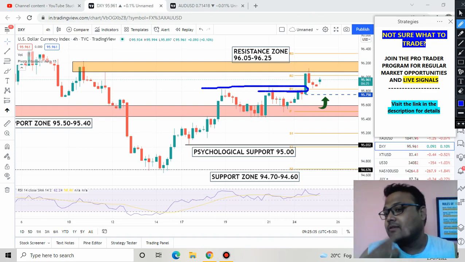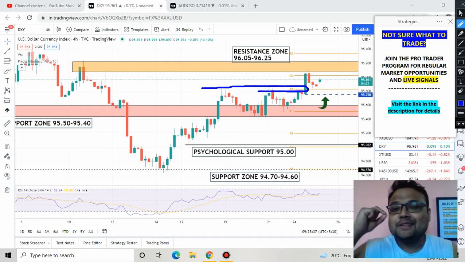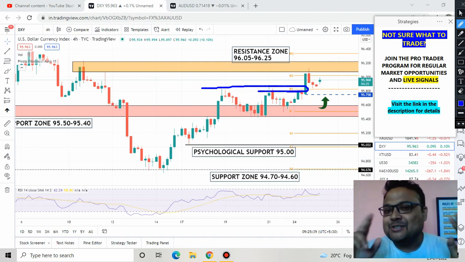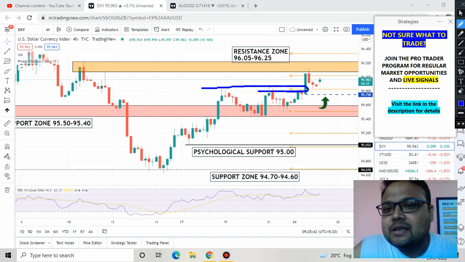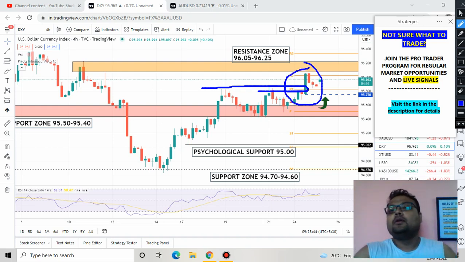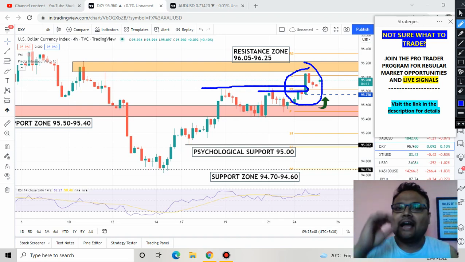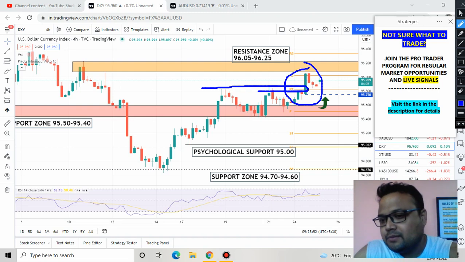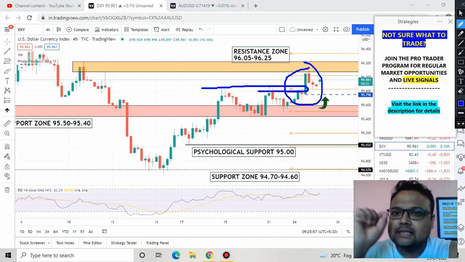So I told you to observe the market carefully, and shockingly, there was a massive candle here and the US dollar became extremely bullish, but our second resistance worked very well. And if you have been watching my videos, then you know this setup very well. So this resistance zone is still valid.